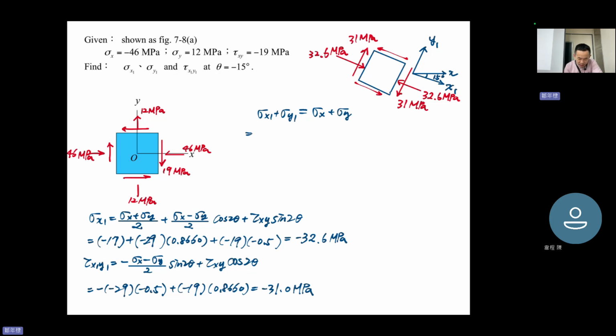So you have sigma y1 equal to minus 1.4 MPa. So again, this is compression. So compression for sigma y1 and the opposite side. And this is 1.4 MPa. That's it.